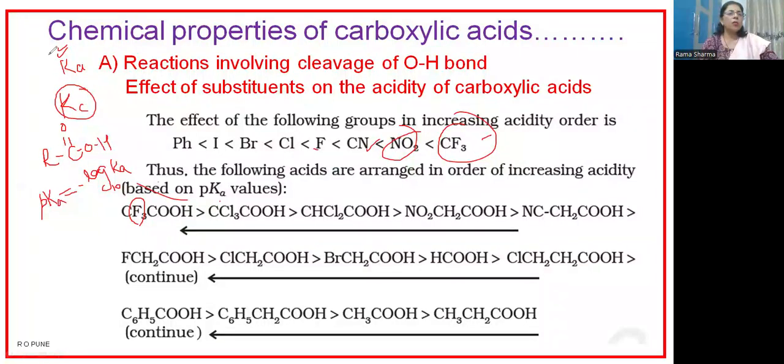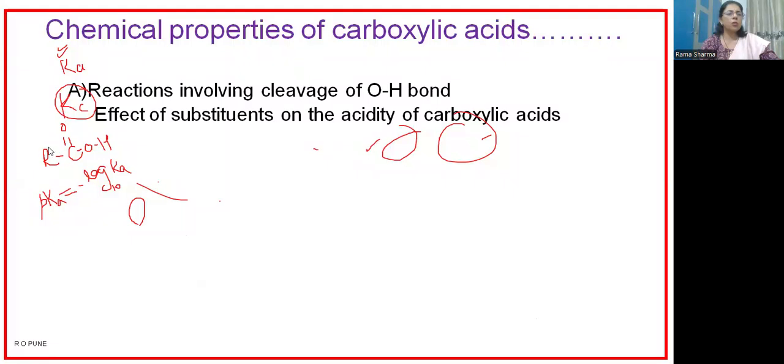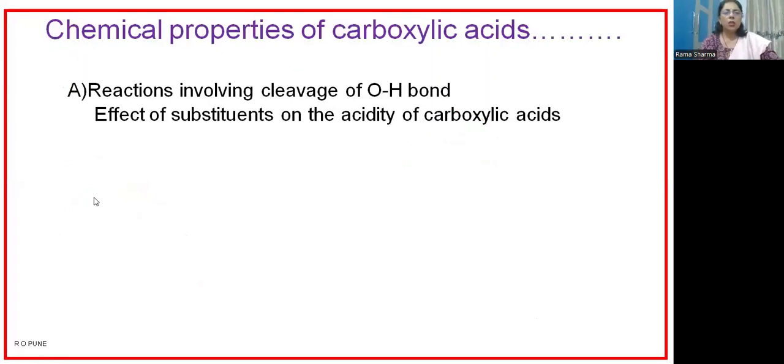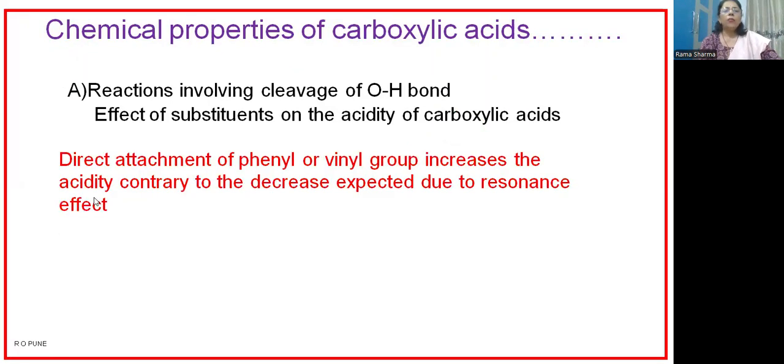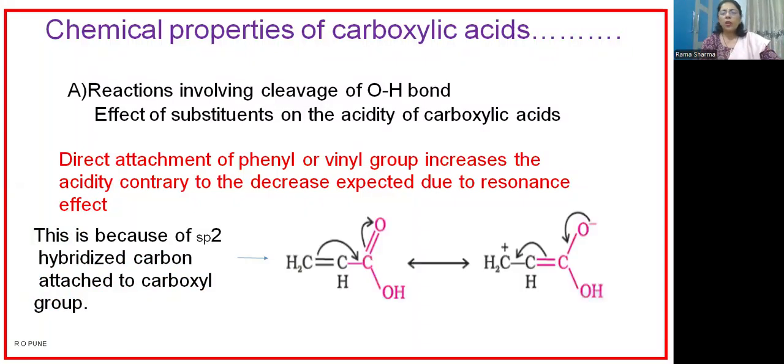There might be a question in your question paper relating to the acidic nature of carboxylic acids. In the NCERT, in-text questions also deal with this. We'll discuss the questions in the question answer sessions. Next, the effect of substituent on carboxylic acid when an sp2 hybridized carbon is there, that is the vinylic or phenylic carbon.